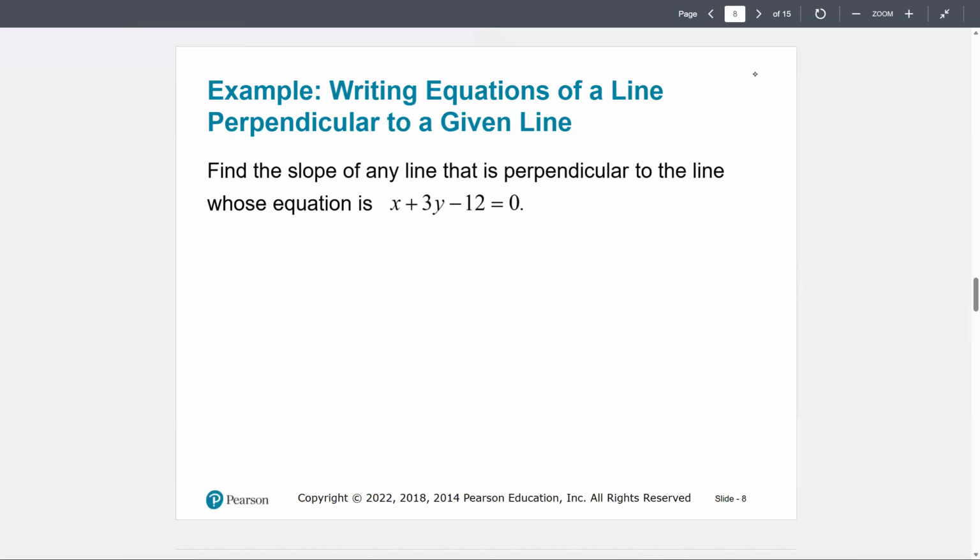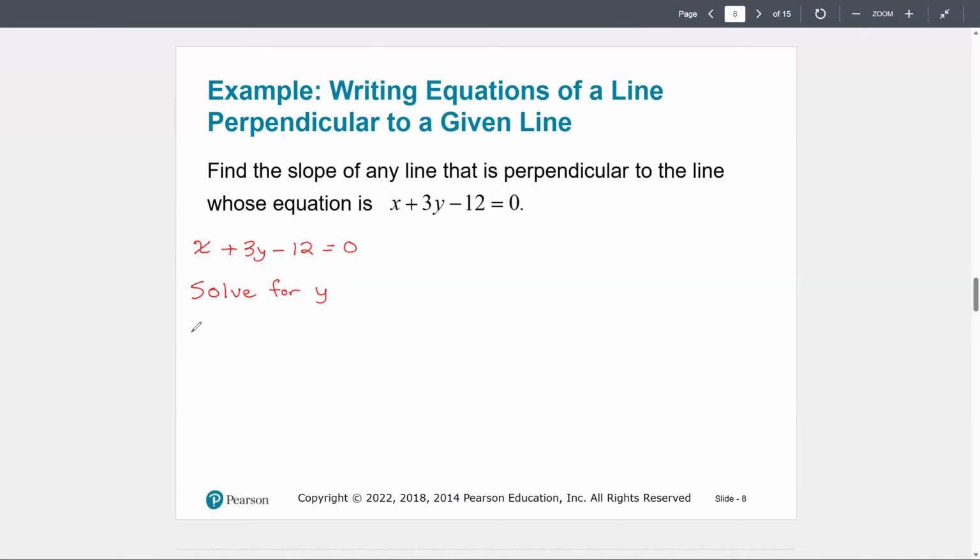So we want to find the slope of any line that's perpendicular to a line whose equation is x plus 3y minus 12 equals 0. So I need to know the slope of the line so I can find the slope of the next line. So for this line, we just need to solve for y so we can get that slope.